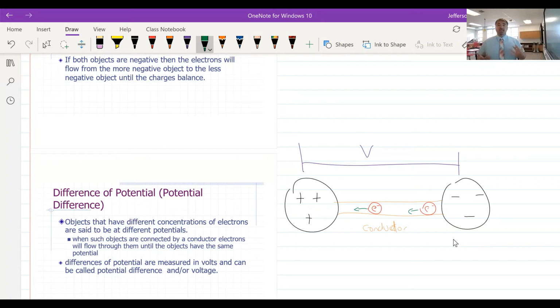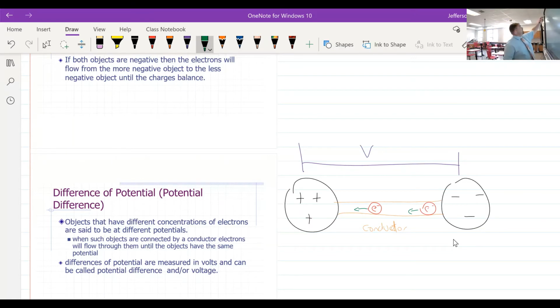If you maintain that difference of potential, remember, anytime an electron leaves the negative, it's going to become more positive. Anytime that electron comes back over to the positive, it's going to become less positive until eventually these two will balance. When they balance, electrons no longer flow.